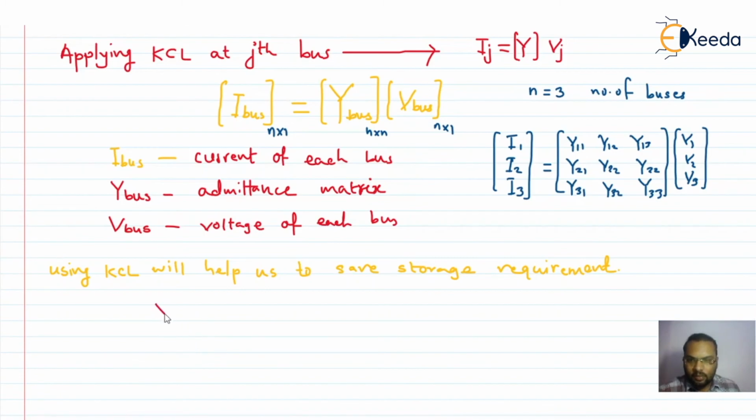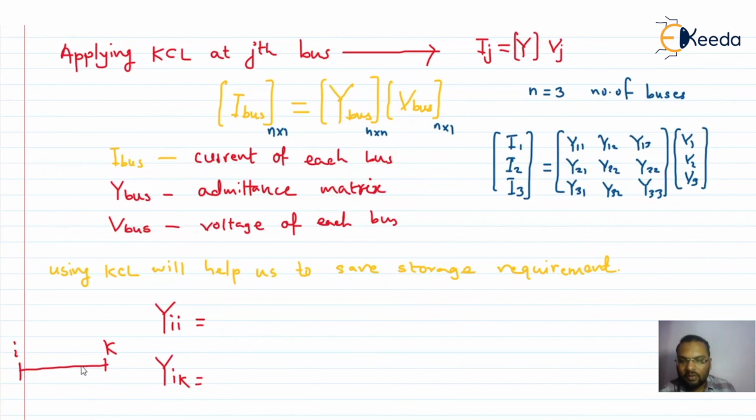A few more points I want to add related to the Y bus matrix, particularly these components, Y_II and Y_IK. Y_IK means you have an ith bus and somewhere a kth bus, and in between a transmission line is connected.